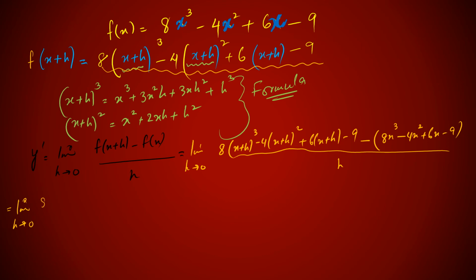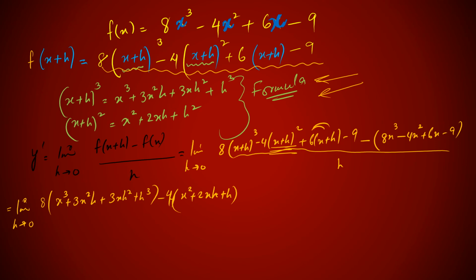Now solve using algebraic skills. That means you write the 8 as it is, x plus h whole cube. We know the formula I have written already: x cube plus 3x square h plus 3xh square plus h cube, minus 4. Now x plus h whole square, the formula is x square plus 2xh plus h square.